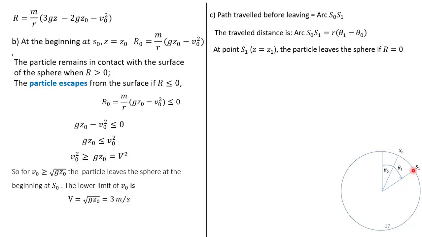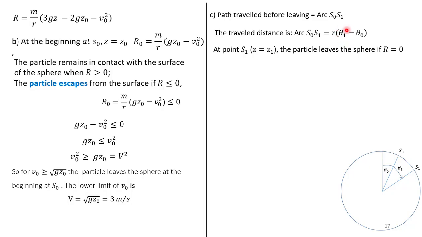Okay, but here we have to find the numerical values. We have to find what arc S0, S1 is equal to. Then we will write the equal sign here. So the objective now is to find theta 1.